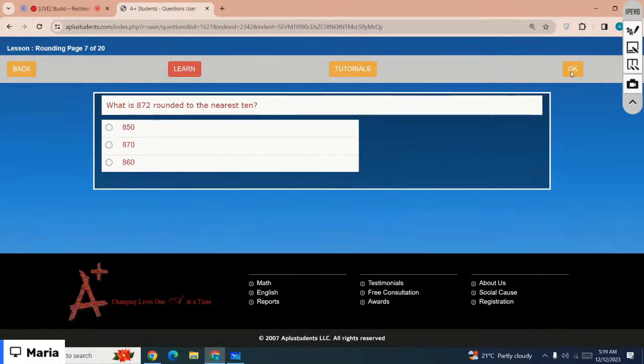What is 872 rounded to the nearest 10? Which is the correct option?